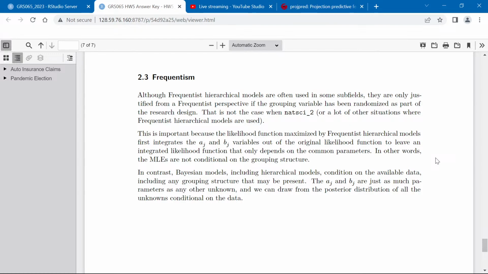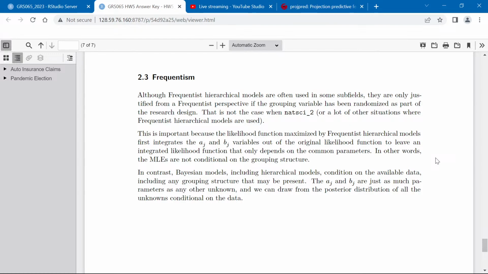In contrast, with Bayesian models, especially hierarchical models, you just condition on the data that you have. You should think about how the data came to be in your possession when thinking about a generative model for that. But the estimator that you use is going to be the same either way.